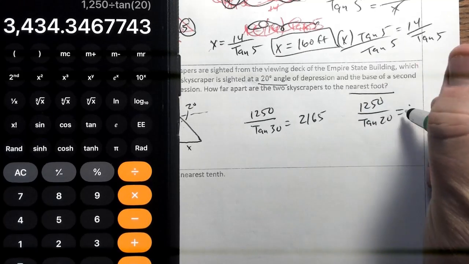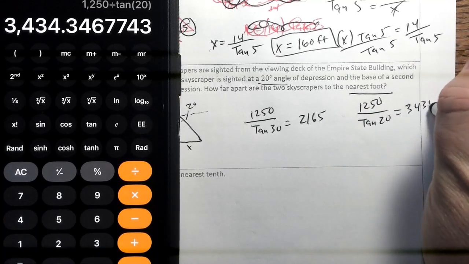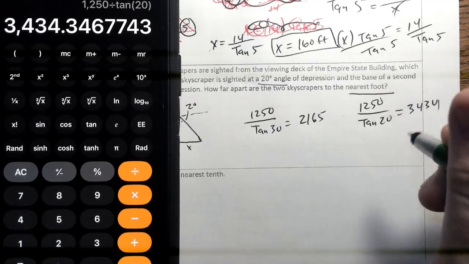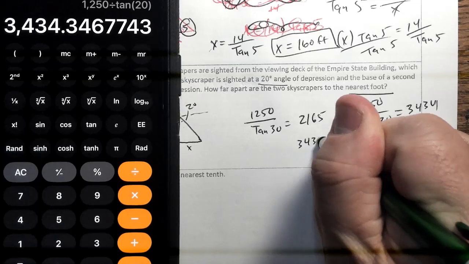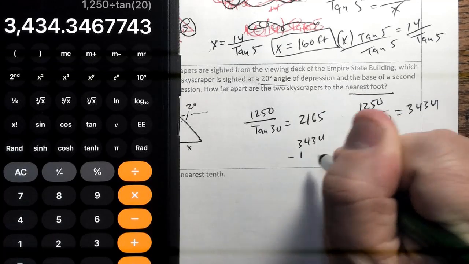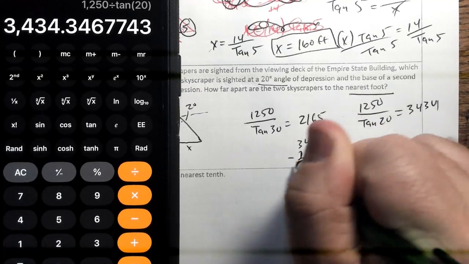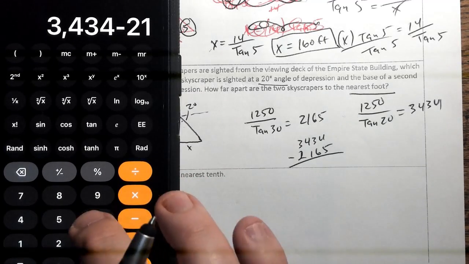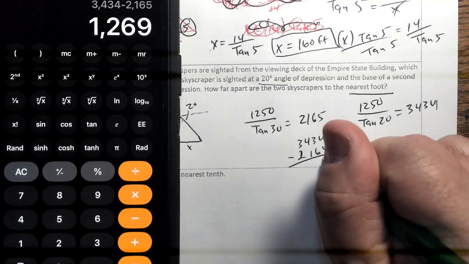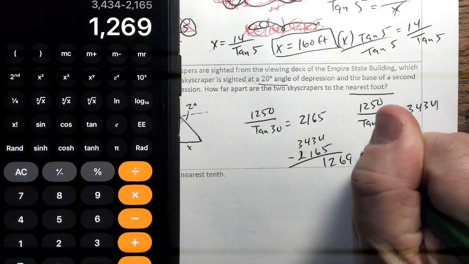They want the nearest whole foot. So 3434 minus 2165. We are 1,269 feet apart.